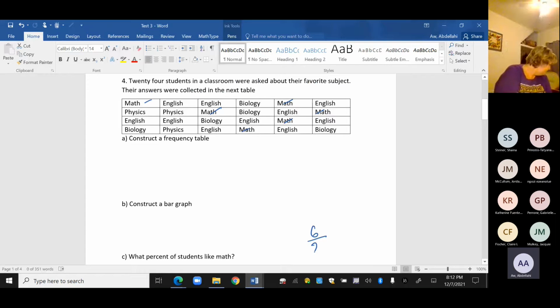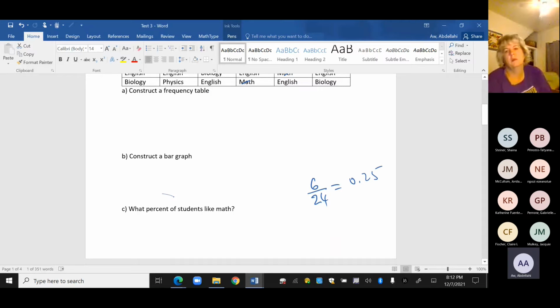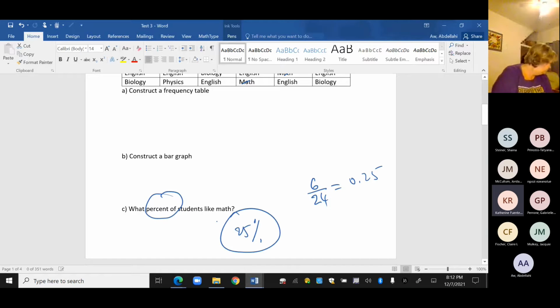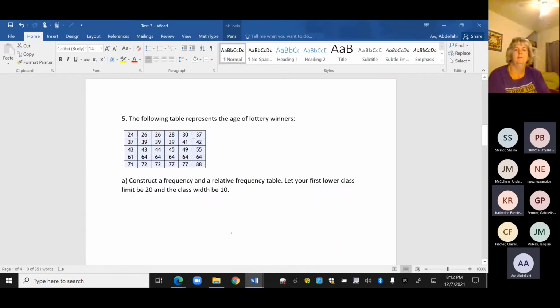Out of 24. When you divide 6 by 24, you get 0.25, right? But we say what percent? It's going to become 25%. That's the answer, 25%. Okay, good.